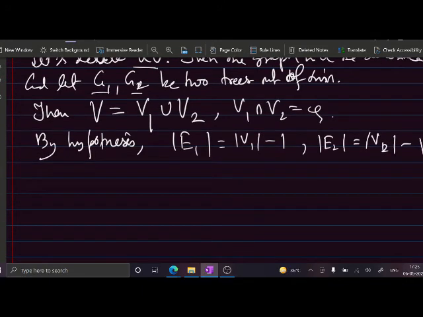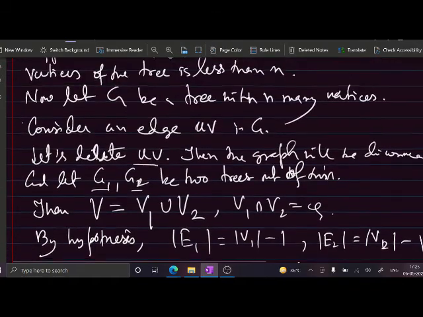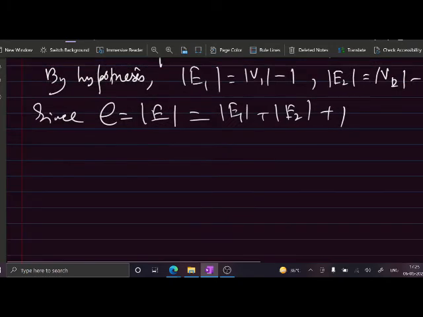Okay, now let E be the number of edges of the main graph G. Therefore it must be the number of edges in G1 plus the number of edges in G2 plus 1, because you have already deleted one edge UV, so you should include that edge in the count.